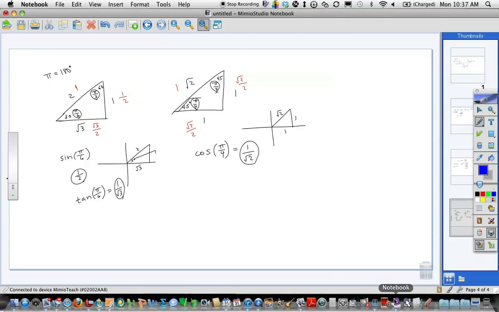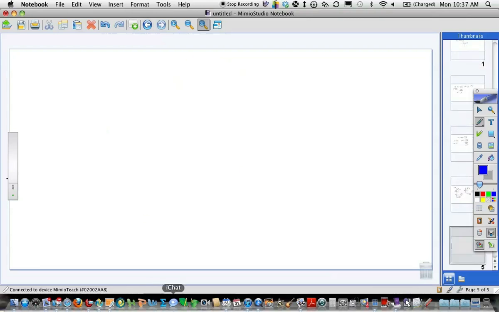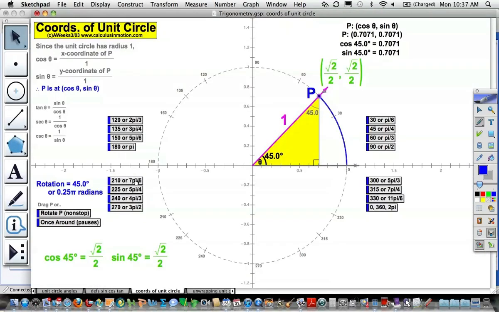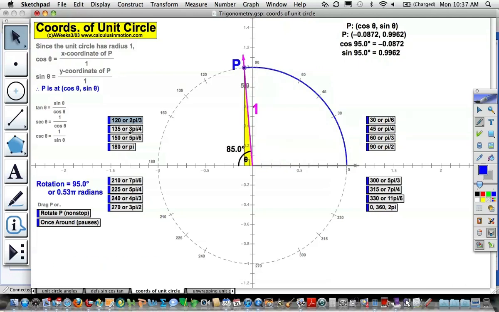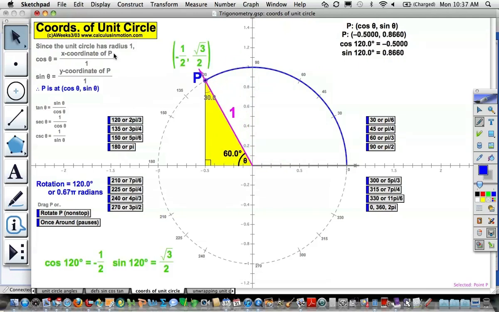So again, we have the 30, the 60, the 45, the pi 6, pi fourth, pi thirds. We have to be able to write those. All right. Then when we get into, okay, the next quadrant, and I'll leave the 90 for another time. Okay, so now we get over here to 2 pi thirds.